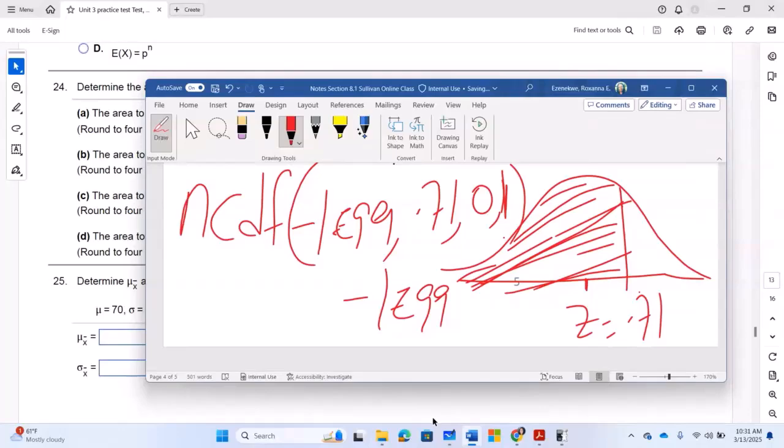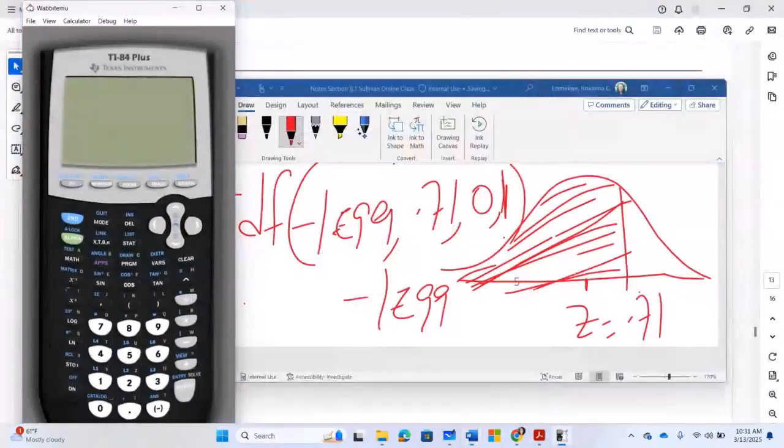Okay, so I'm going to pull my calculator up and I will put this in my calculator. Second, distribution, number 2. And the lower bound starts from negative infinity. I would like to type it in again, just in case you don't know how to type it in.